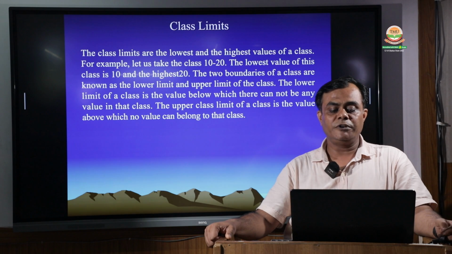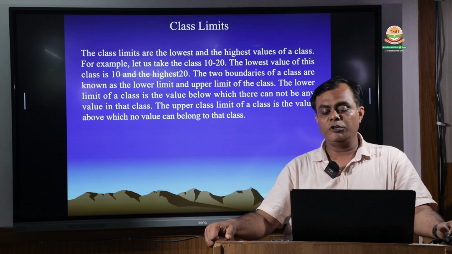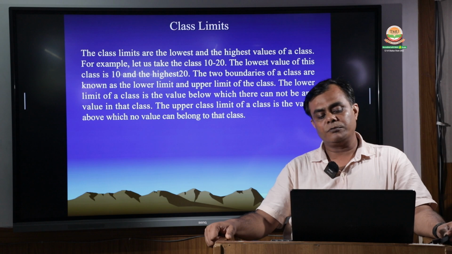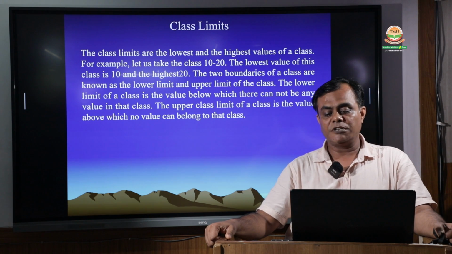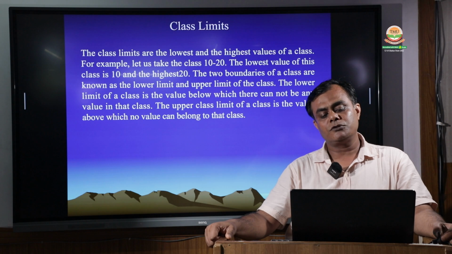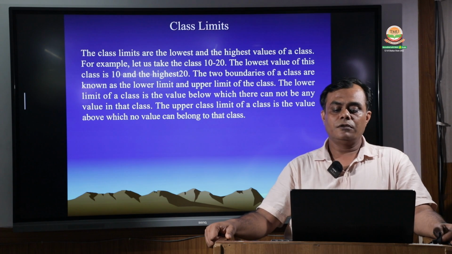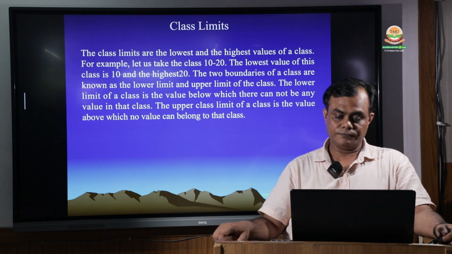The lower limit of the class is the value below which no value can be in the class, and the upper limit of the class is the value above which no value can belong to that class.